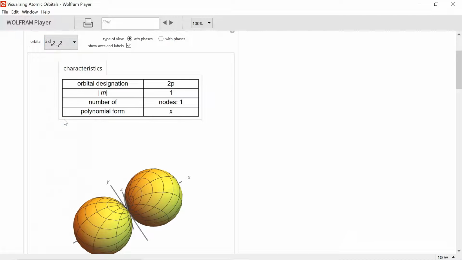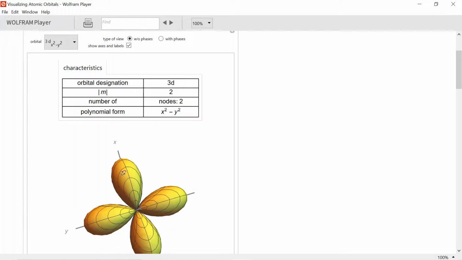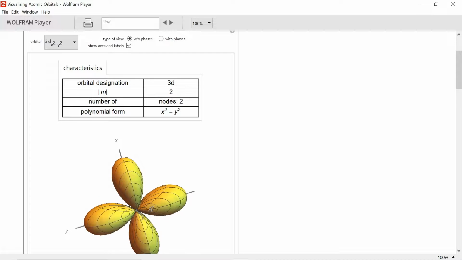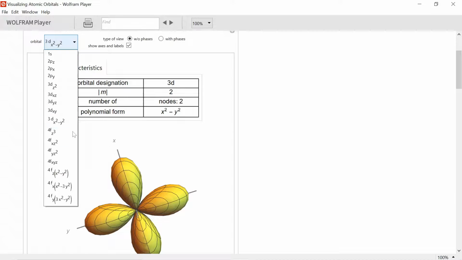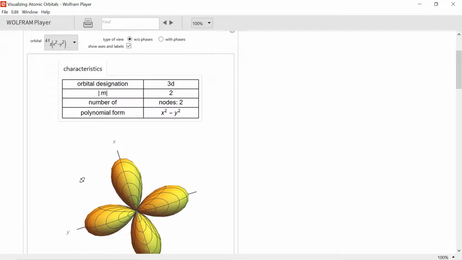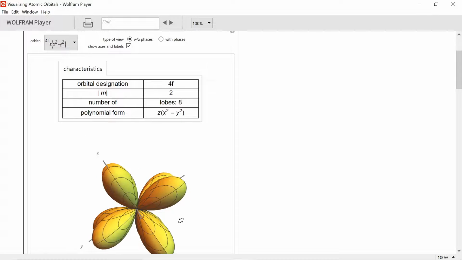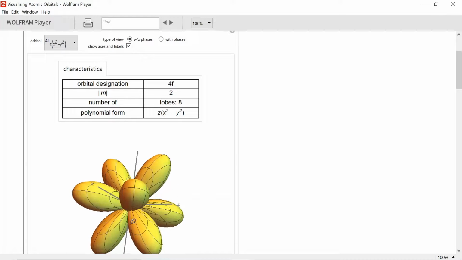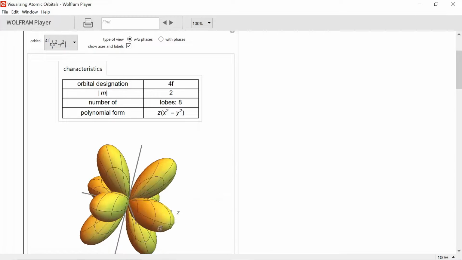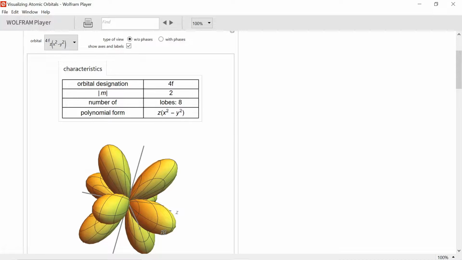Checking out the 3dx squared minus y squared orbital, we see that the 4 lobes are on the axis. You can also discover the shape of the f orbitals, which is beyond the IB and A-level courses. As you can see, these orbitals are quite complex.